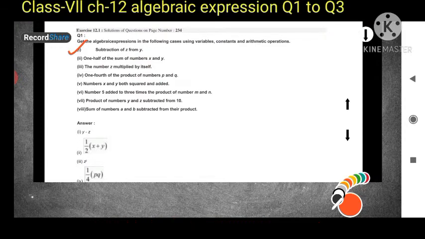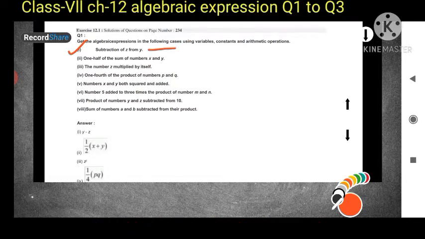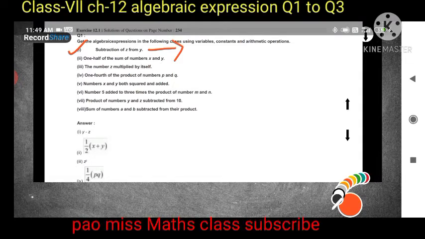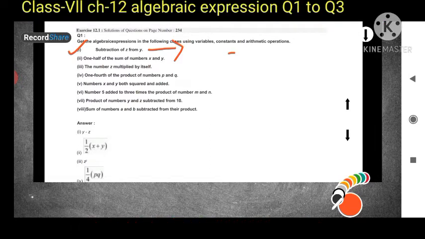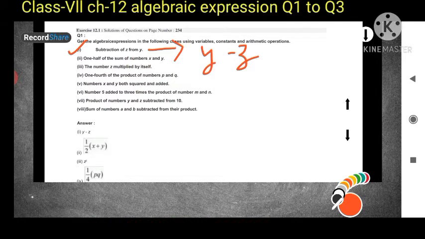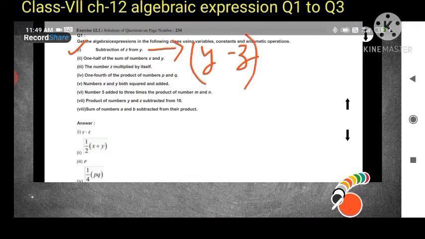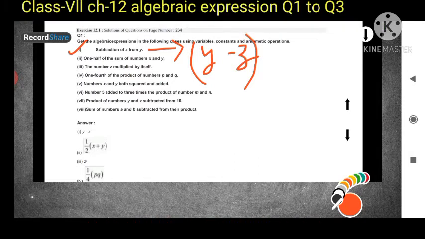The first one is subtraction of z from y. Subtract means we know what? Minus, isn't it? We have to subtract z from y. That means y minus z. So this is the algebraic expression of the first statement.